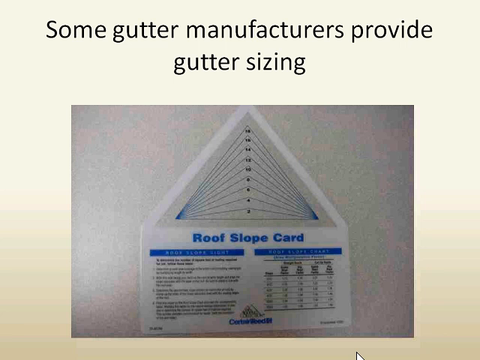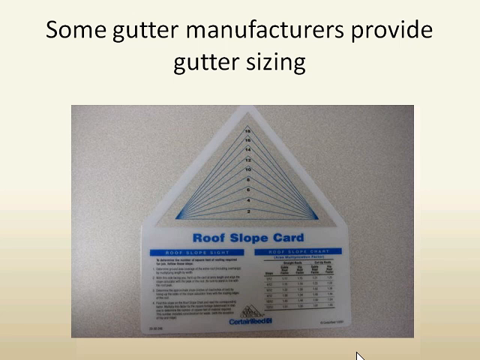I wanted to mention real quick that I've talked so far about the NRCS method for designing and sizing gutters. Many gutter manufacturers have their own websites and their own gutter sizing tools. Here's a roof slope card that's used by one of the manufacturers.